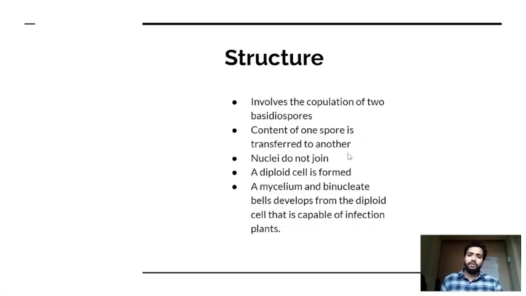Now, if we come to the structure of Ustilaginales, we will see that it involves the copulation of two basidiospores. The content of one spore is transferred to another, and their nuclei do not join. A diploid cell is formed, and a mycelium and binucleate cells develop from the diploid cell, which is capable of infecting the plants.